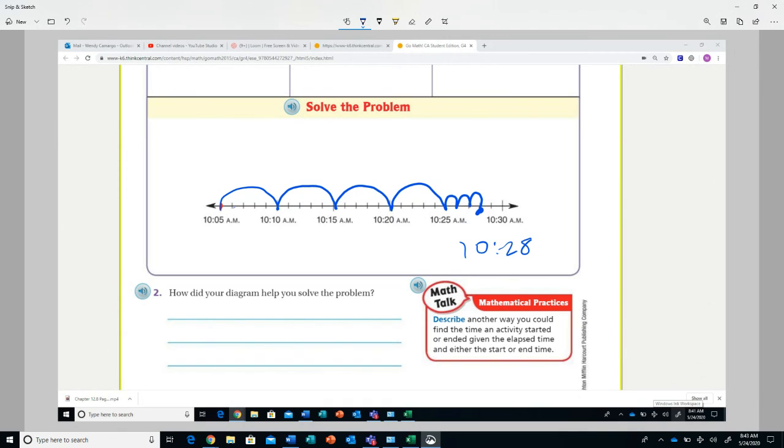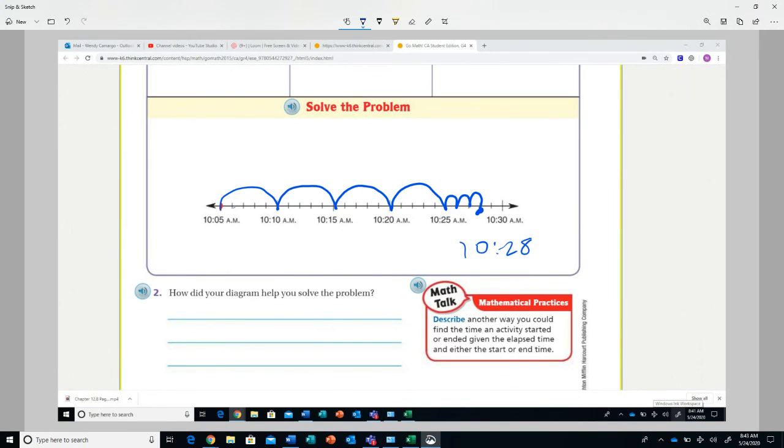Okay, math talk. Describe another way you could find the time an activity started or the elapsed time, in either the start time or the end time. So basically here, we're talking adding and subtracting. Now, this problem was easy because we didn't cross over a full hour.